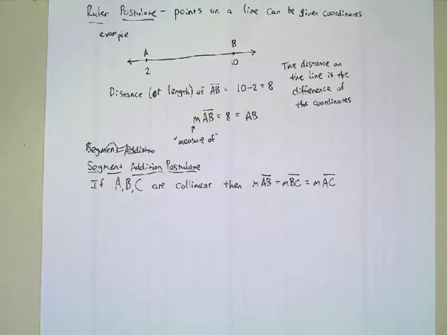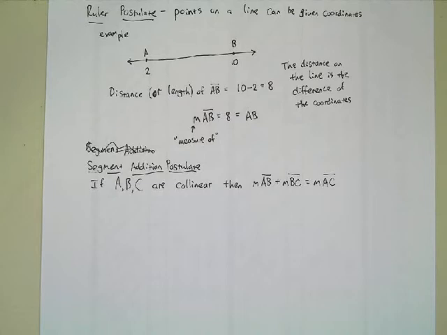You might be like, what? I'll draw a picture here. It'll make more sense when you see the picture. If A, B, and C are collinear, then the measure of AB plus the measure of BC is equal to the measure of AC.